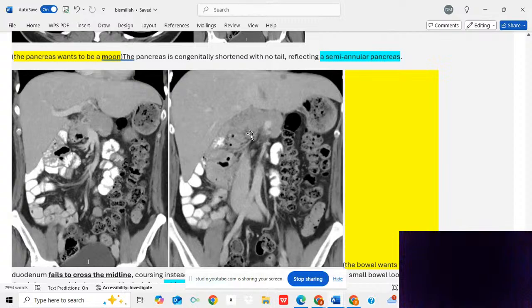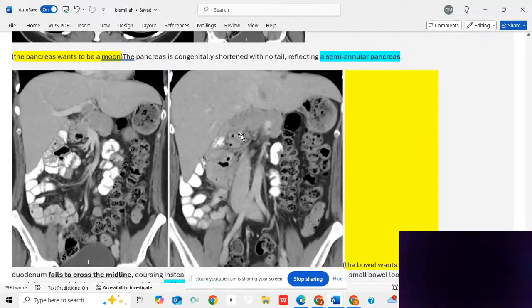Okay, so this is the stomach, the first part, the second part, which is the vertical part of the duodenum, and this is the third part, which should be horizontal.